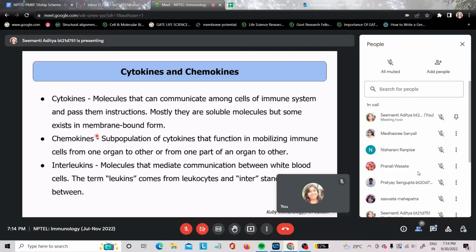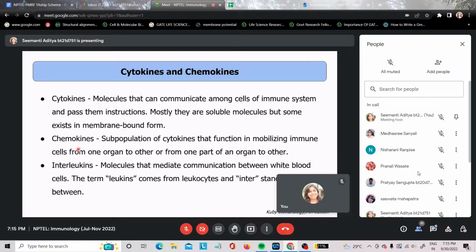What are chemokines? Chemokines are a subpopulation of cytokines, and they basically function in mobilizing the immune cells from one organ to another. So basically, it helps in the movement of cells from one part of your body to another part of your body where the infection has been caused, or it can move the cell from one part of one organ to another part of that same organ.